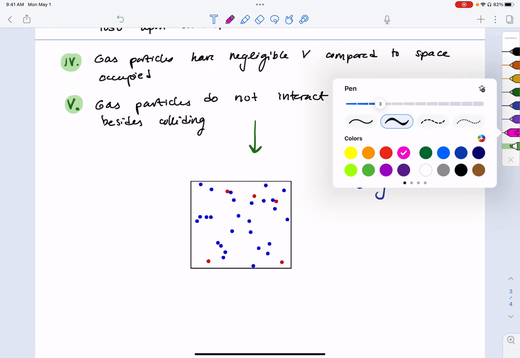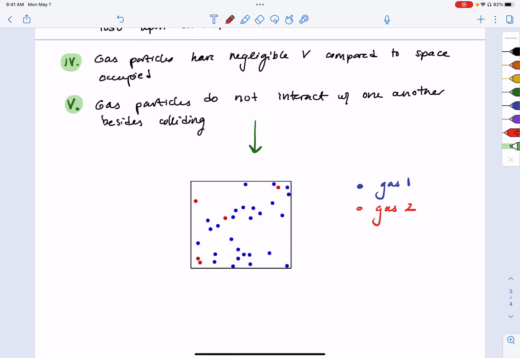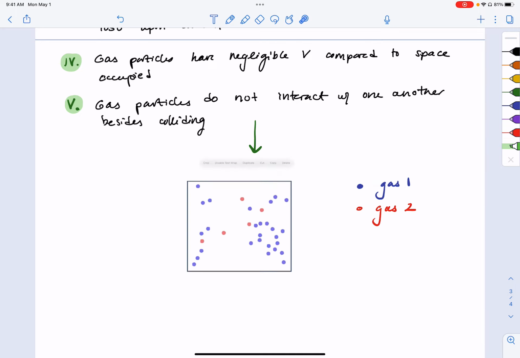And then we've also got some red type gas particles. Let's call this gas 2. And you'll notice these are all in random motion. If you were to track what's going on with one particle, you would see it's traveling in a straight line, and it only changes its trajectory if it bounces into another particle or into the sidewall here.